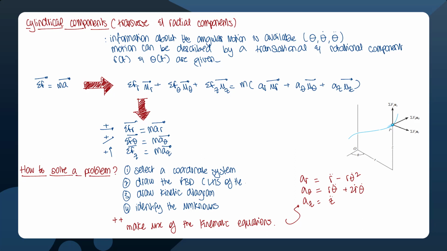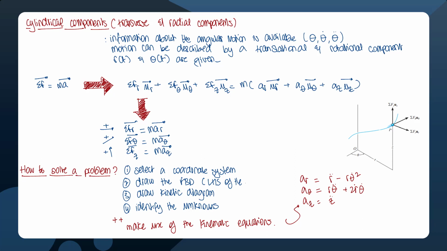And again, as we've seen before, the way to calculate r double dot, r dot, theta dot, and theta double dot is to make use of the two methods we've discussed before. The first one makes use of parametric equations for r and theta and simply takes the derivative, while the second method represents r as a function of theta and applies the chain rule to calculate r dot and r double dot.